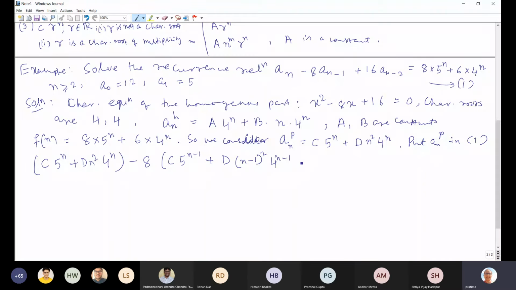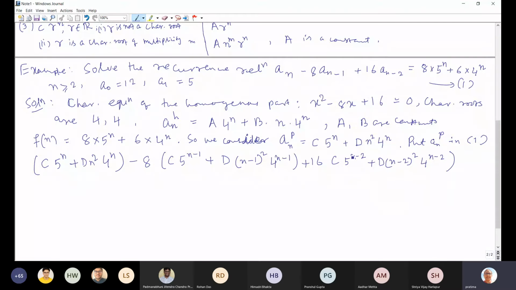Then plus 16 times a_{n-2}, that is C into 5 to the power n minus 2 plus D (n minus 2) whole squared into 4 to the power n minus 2.